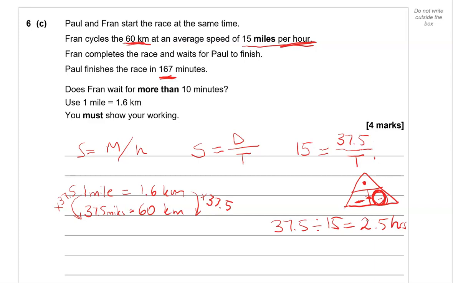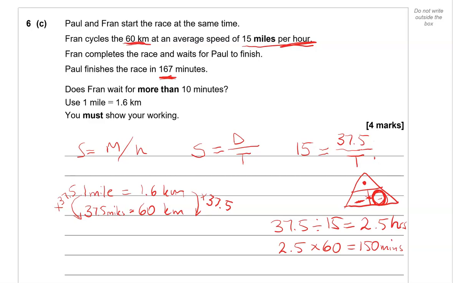So if I convert 2.5 hours into minutes, 2 hours is 120, and add the 30 gives us 150 minutes. So really the shortcut would have been 2.5 times 60, because there are 60 minutes in 1 hour, and that gives us 150 minutes.